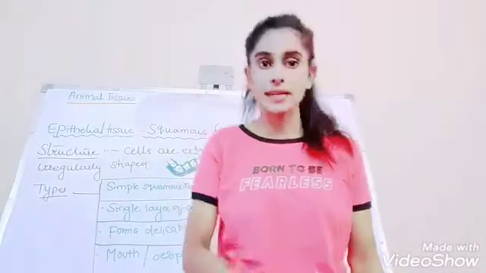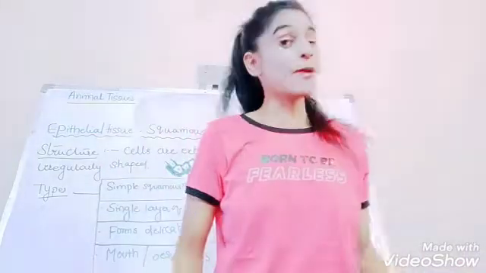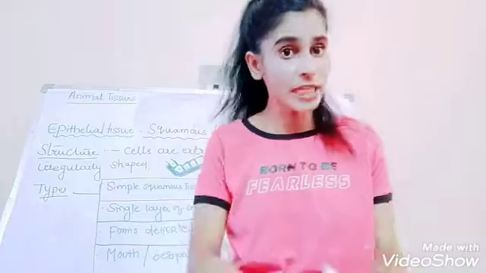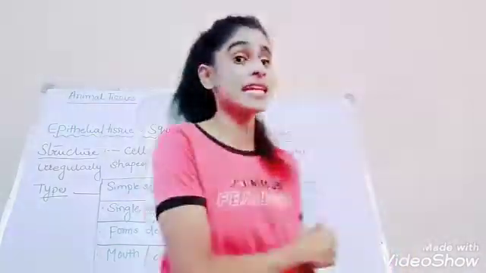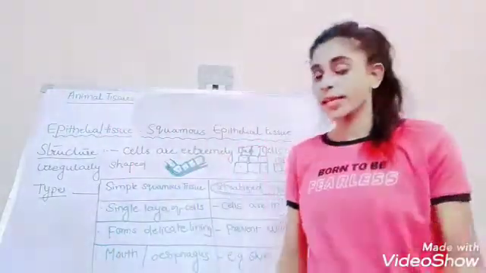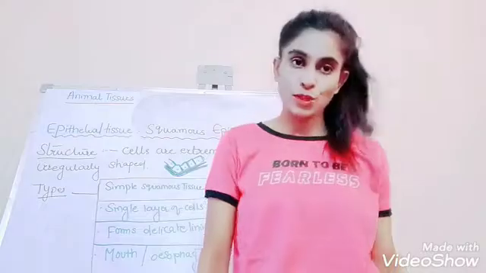So our skin is made up of stratified squamous tissue. If a person asks you what our skin is made up of, you need to respond immediately that our skin is made up of stratified squamous tissue.